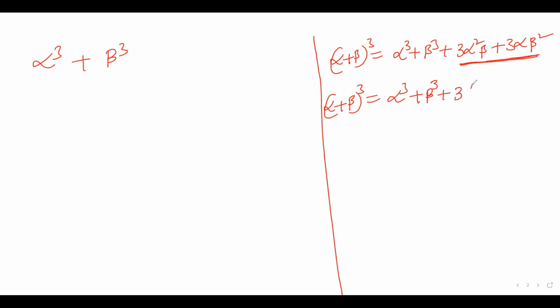Let's take 3 alpha beta as common. Alpha and beta will remain inside. Take this entire term to left hand side, transpose it, plus sign will change to minus.